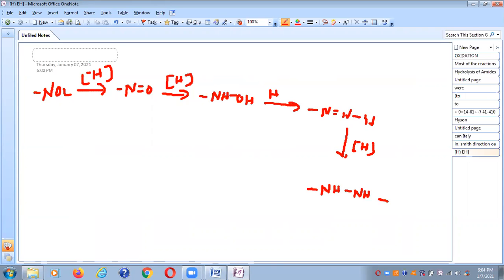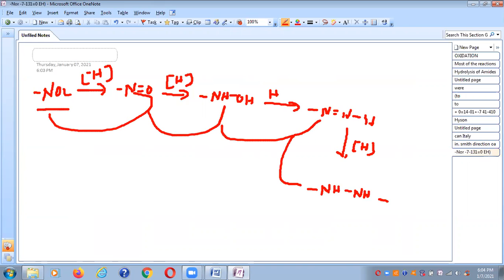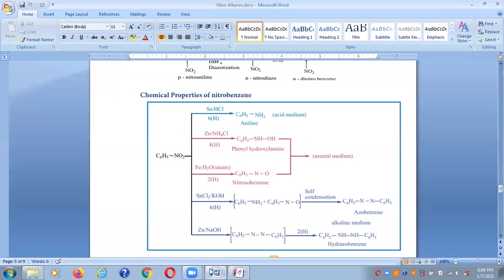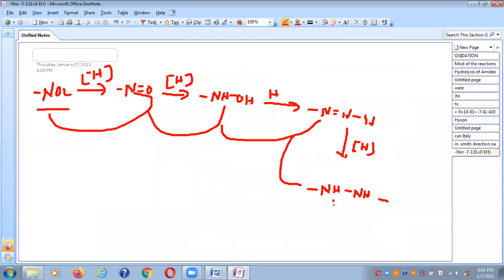So first the NO2 group will be converted into the nitroso group, then the oxime group, then the azo group, and then the hydroso group. In acidic medium, it will be converted directly, and finally into the NH2 group. These things will happen during the course of the reduction reaction.